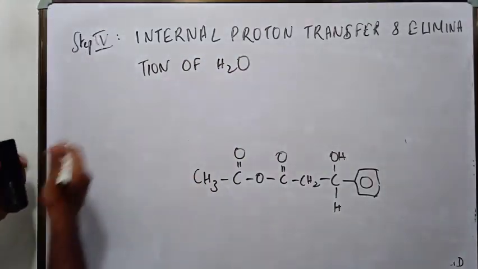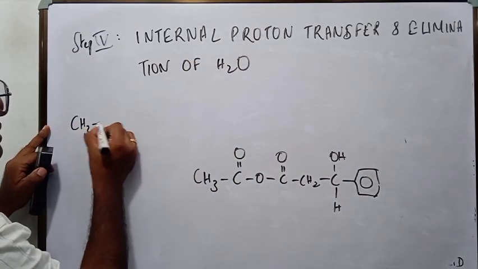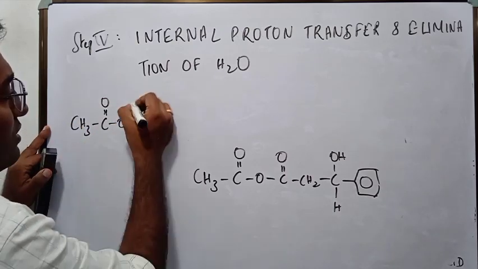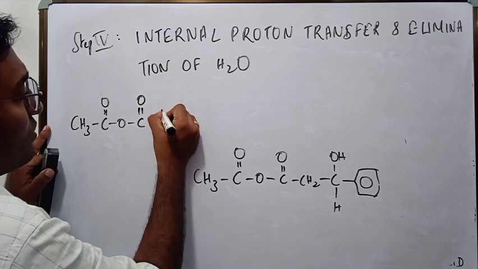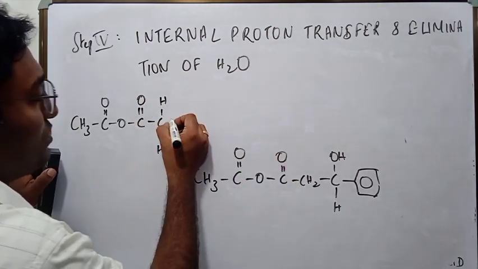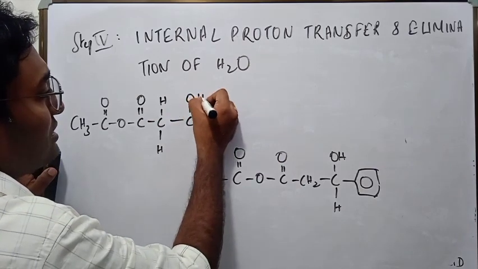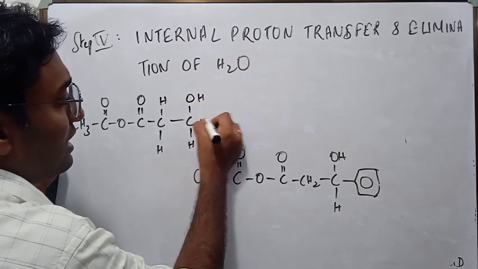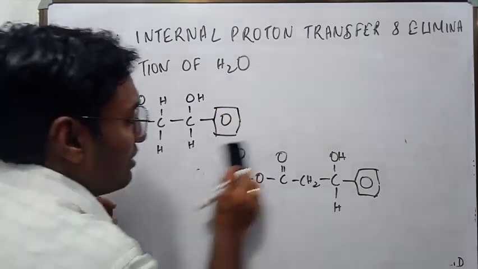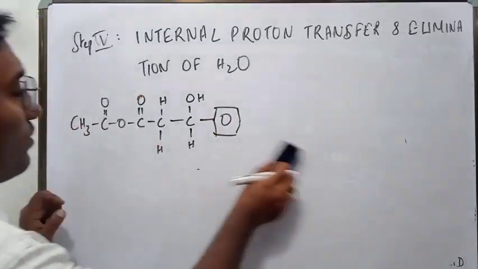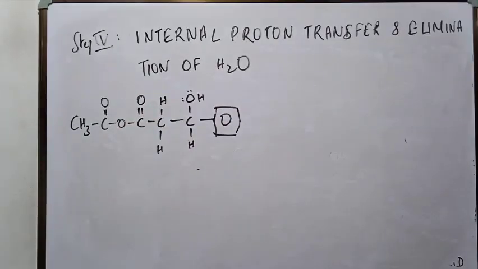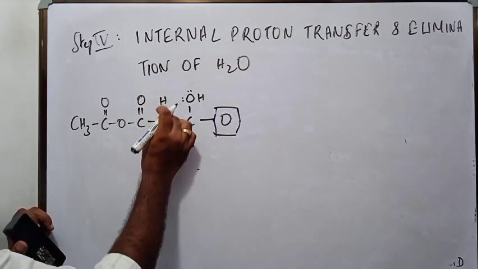So this is the molecule with us, correct? I am going to draw H here for this CH2 and OH, H, and this benzene ring. This is the same, correct? Now this has 2 lone pairs of electrons. Now why would hydrogen be with carbon?